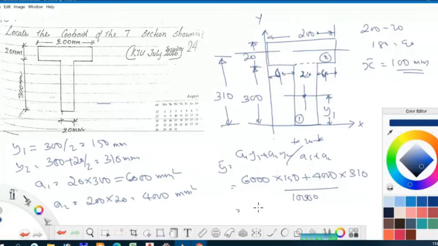You will get 214 for y bar. X bar is 100 mm.